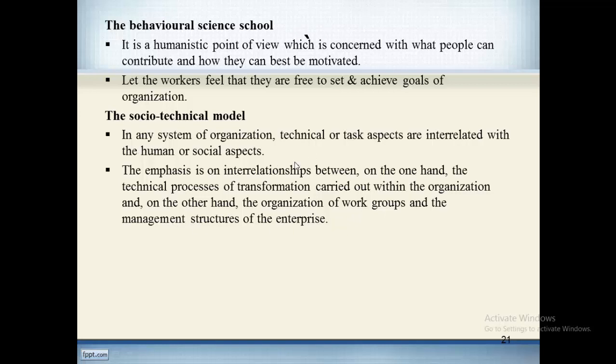This school of thought emphasizes that on one hand there should be social interaction and interrelationship among the employees. On the other hand, there should be technical processes of transformation, which may lead to the achievement of the goals of the organization.